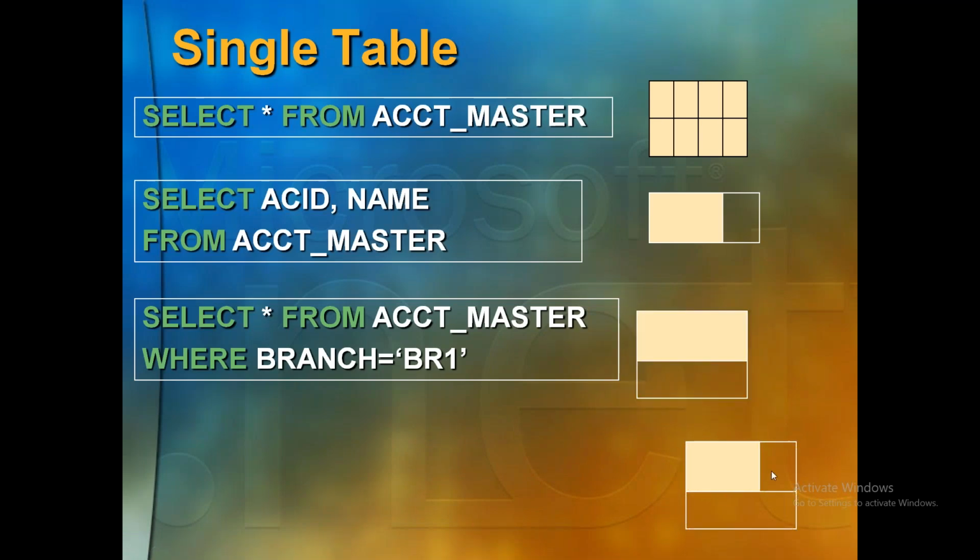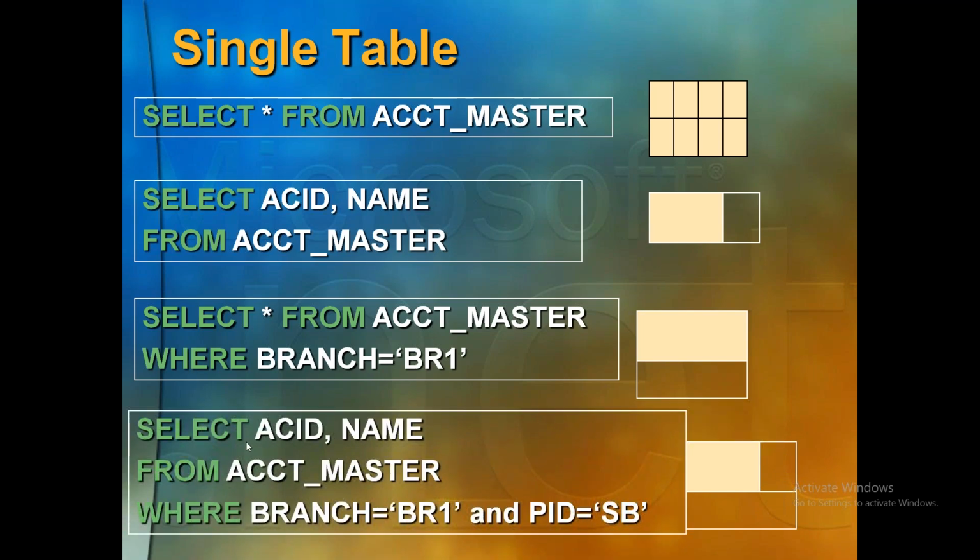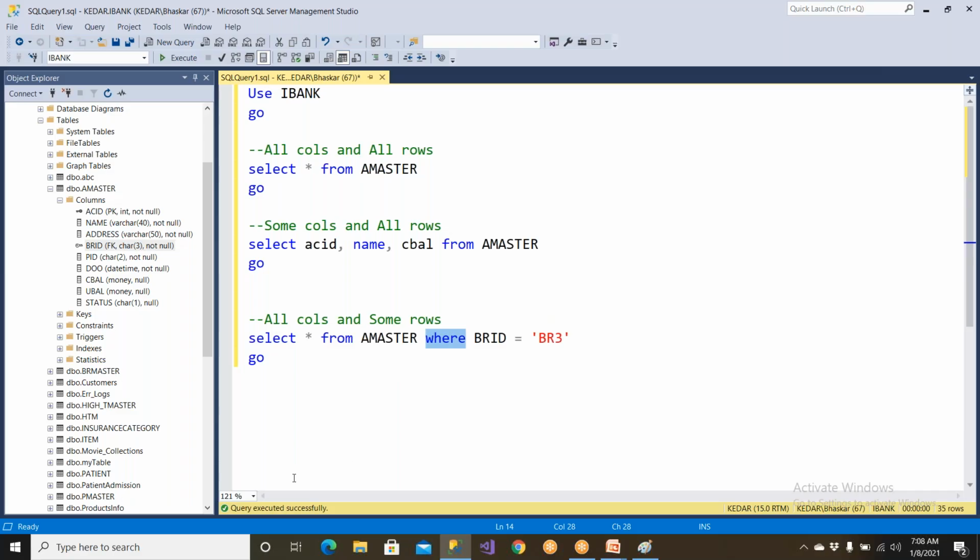The last case is that I want to filter columns as well as rows. You can have conditions like this. Select account ID, name from the account master table where branch equals whatever. You can write multiple conditions here.